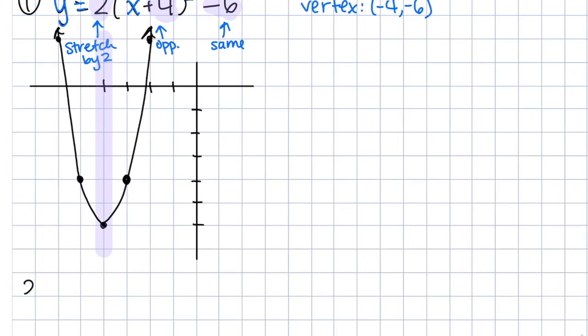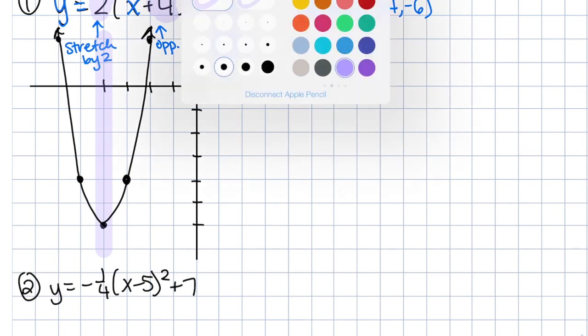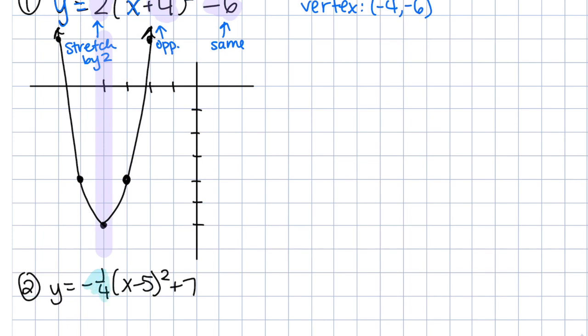Our second example is y equals -1/4 (x minus 5) quantity squared plus 7. So again, I want to see what did I change in the parent function. And we have 3 things that we changed. So I am reflecting and shrinking, and my vertex is 5, 7.